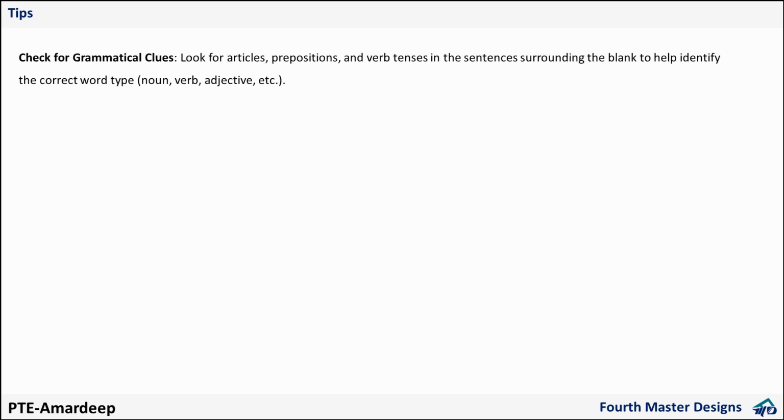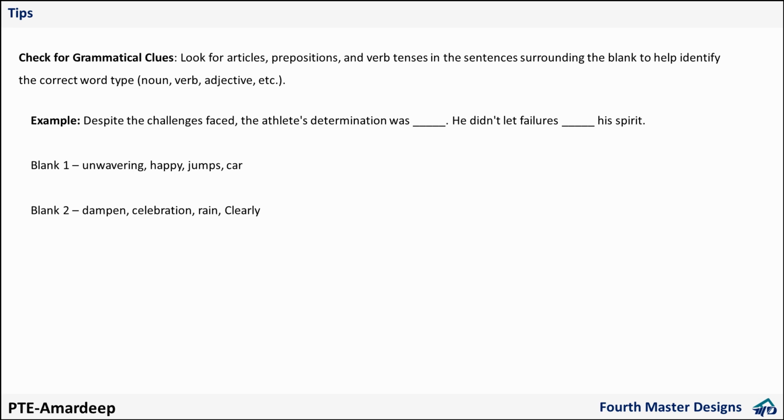The second tip is look for grammatical clues. This is very important. Keep noun, verb, adjective, everything in mind. For example, despite the challenges faced, the athlete's determination was dash.